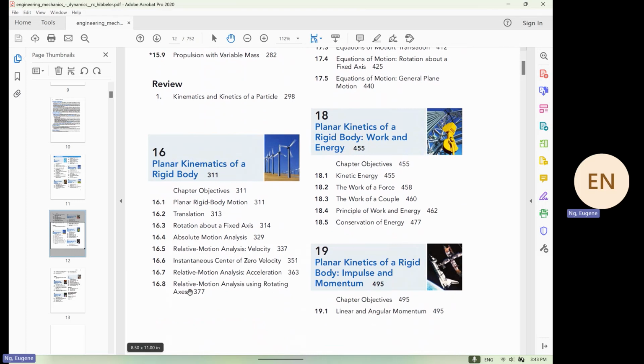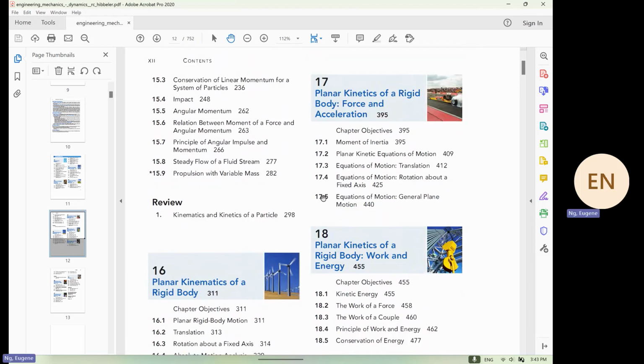Now, I did not teach relative motion using rotating axis. It's not common that we use it, but we do. So now we are going to go into kinetics of rigid body for forces and analysis.